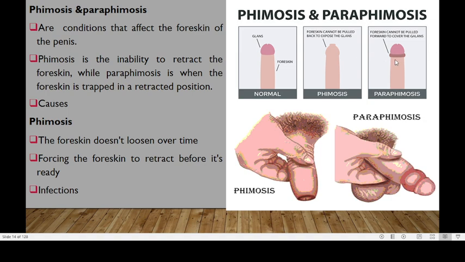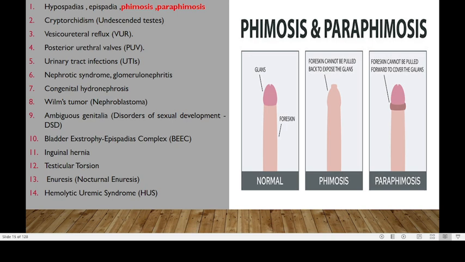Now in this case, we have pulled back, but now it cannot be retracted, okay? It cannot be pulled forward to cover the glans. So this one is now a paraphimosis, right? The foreskin doesn't loosen over time, forcing the skin to retract before it's ready. Phimosis mostly is caused sometimes by infections, and you need to know that.